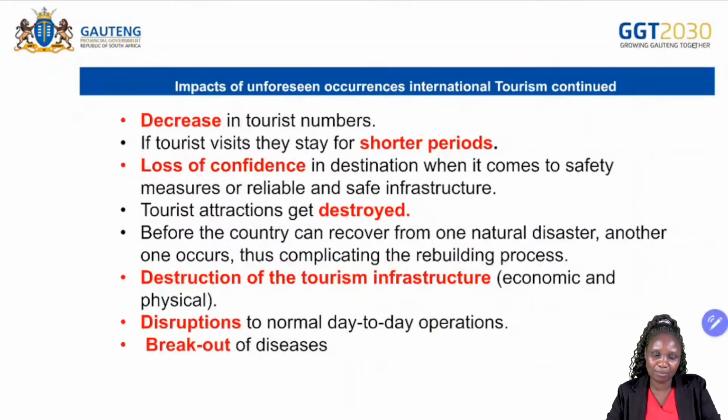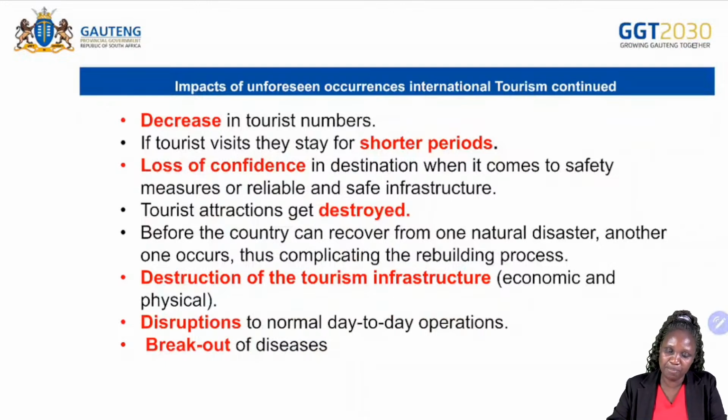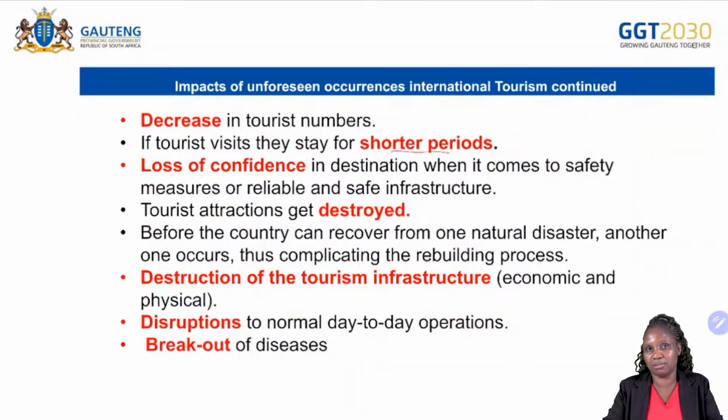Okay. And then the impact of unforeseen occurrences on international tourism: a decrease in tourist numbers. Obviously, the numbers of tourists will decrease if there is a negative impact on this. If tourists visit, they stay for shorter periods. And then loss of confidence in the destination when it comes to safety measures or labor and safe infrastructure.